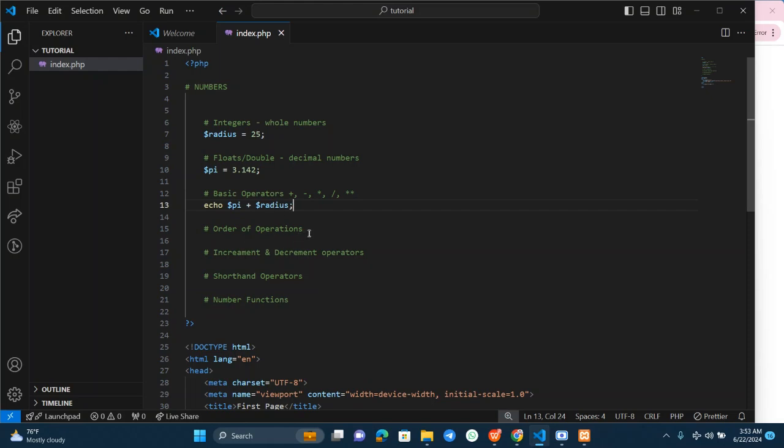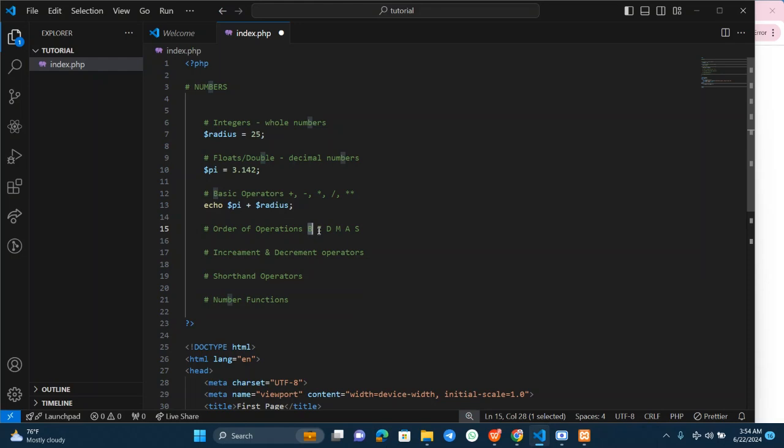So we have order of operation. This order of operation simply means that if you are solving any mathematical problem, there is an order in which it is solved. So in PHP, just like in maths, we have BIDMAS. Following this syntax, B simply means brackets, so everything in the bracket will be solved first.